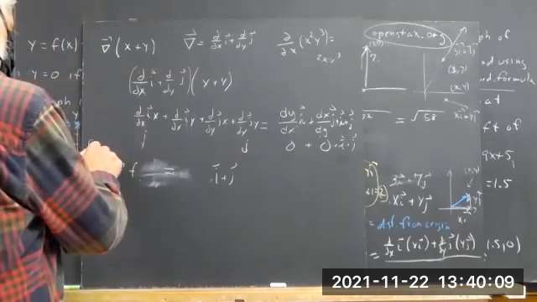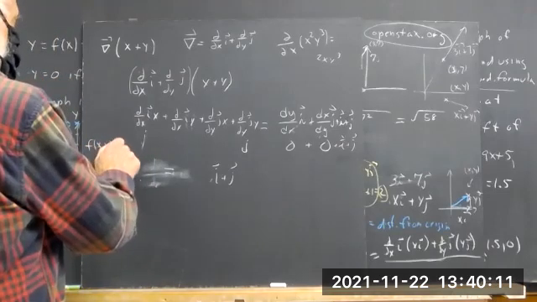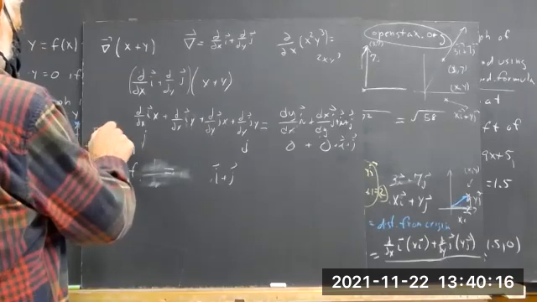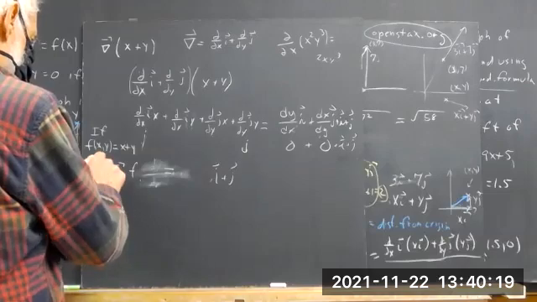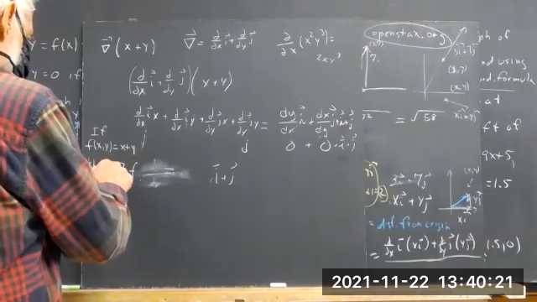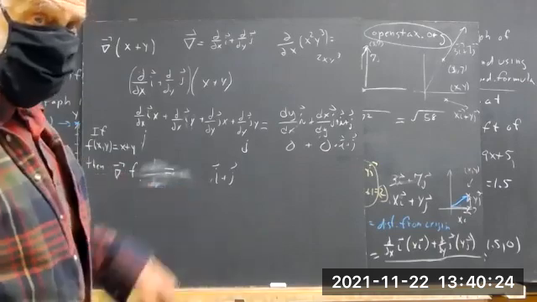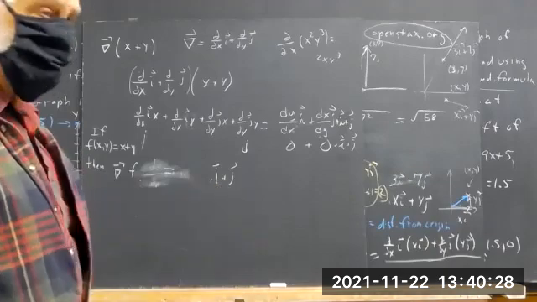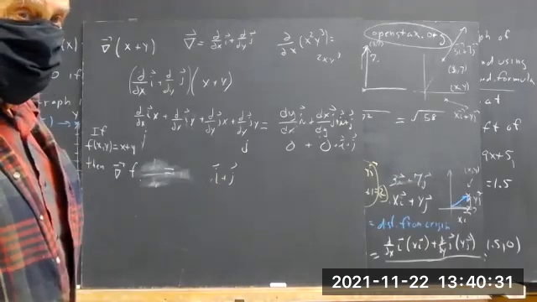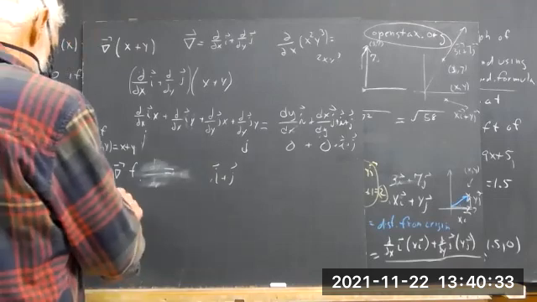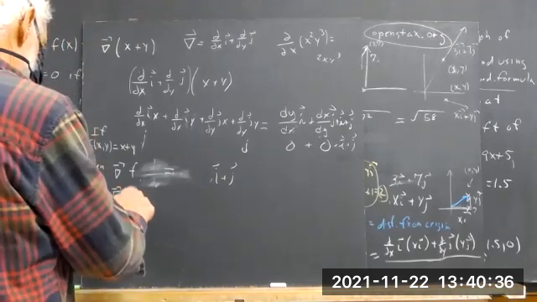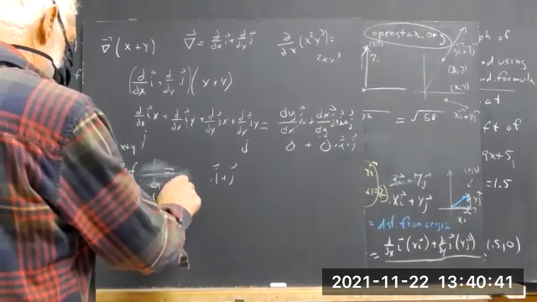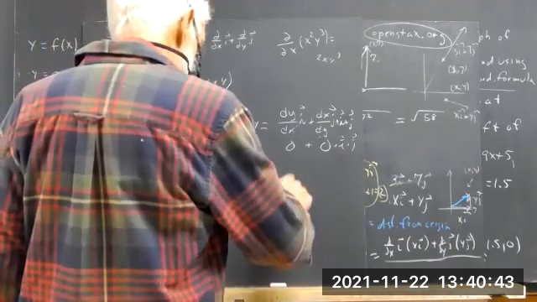If F equals this, there it is. It's a vector. That gives you a gradient field. So if F of x, y equals i plus j, you get that vector.